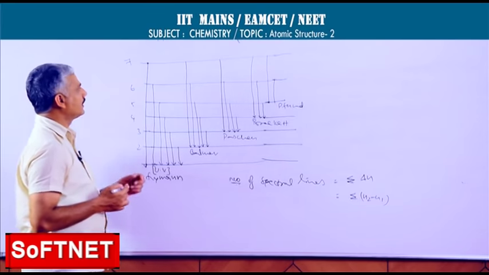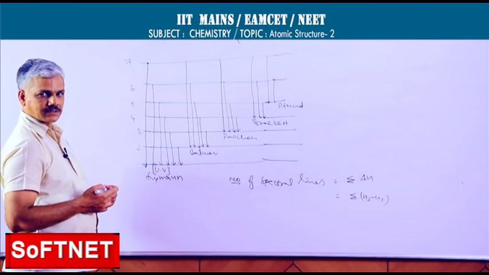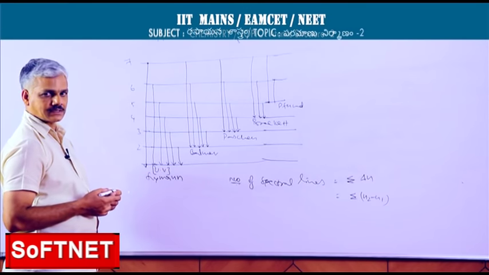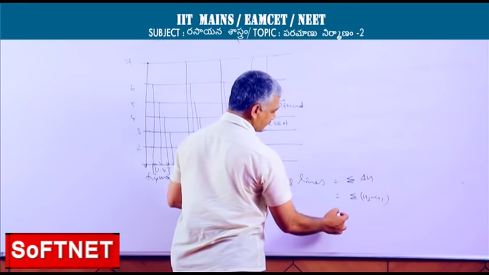For example, if the electronic transition is taking place from the 7th to the 1st orbit, the maximum number of spectral lines that can be observed, we can calculate by using this relation.